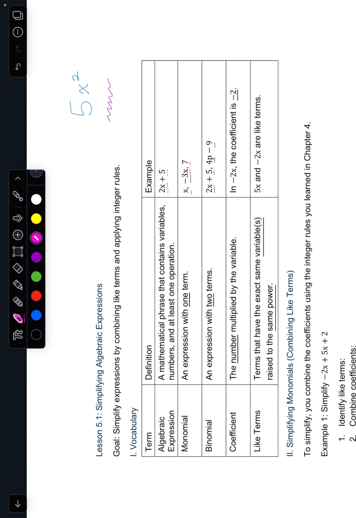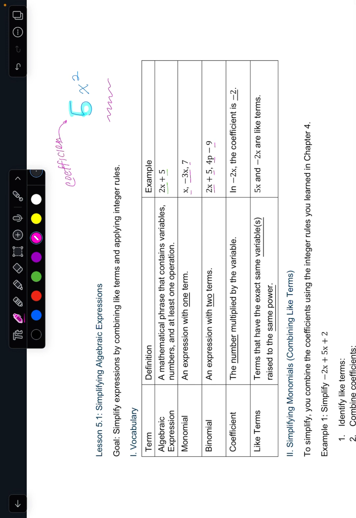The coefficient is the number multiplied by the variable. In the example we have above, 5x squared, the coefficient is our 5. Our 5 is our coefficient. Okay? And it's worth labeling it. So this number in front of the variable will always be called the coefficient.